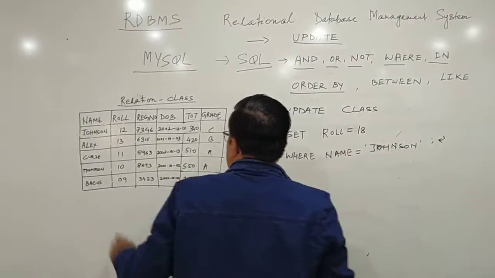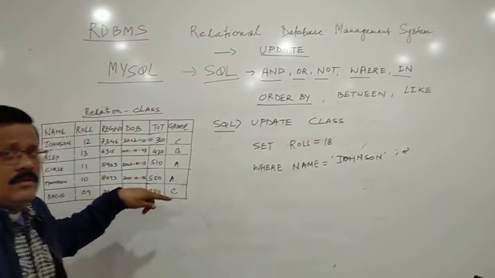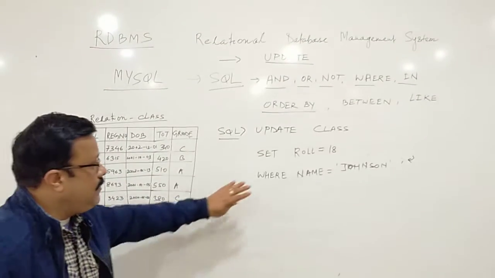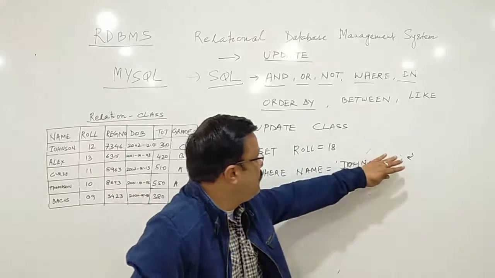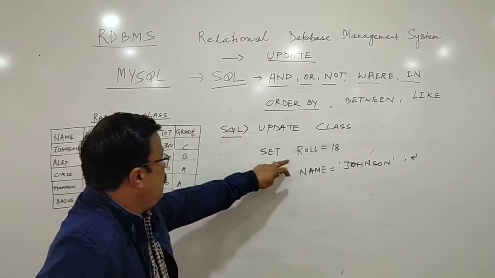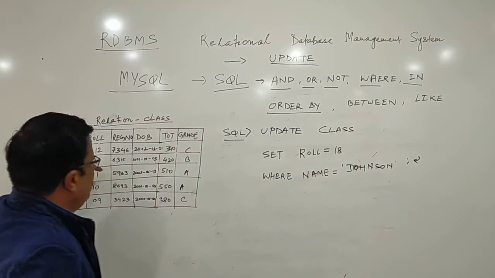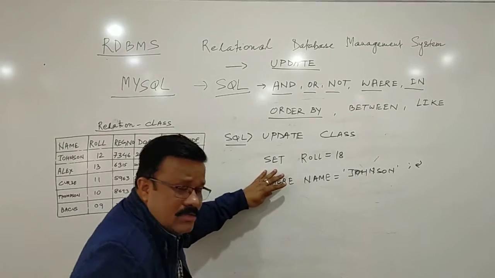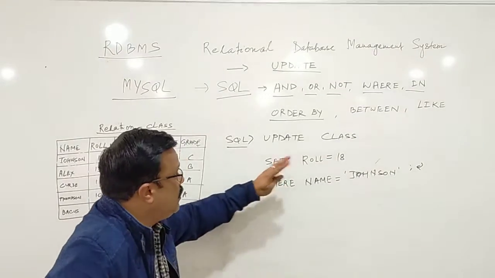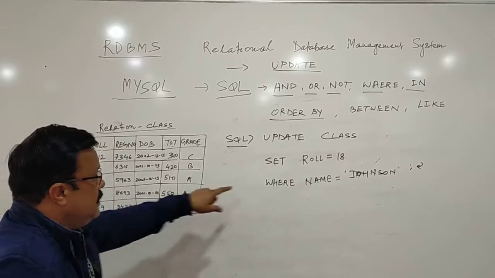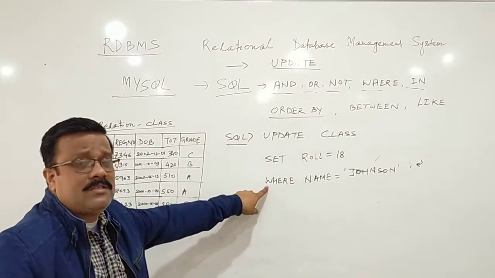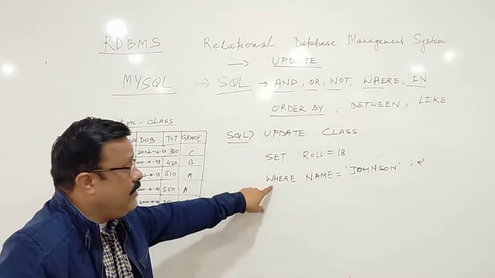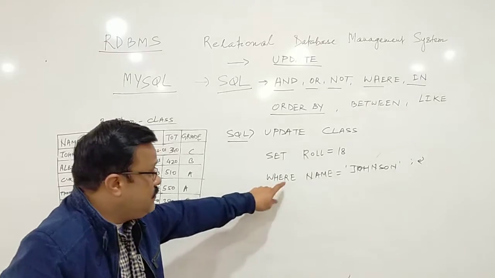In the same way we can edit any column, but we have to give the reference. Otherwise, what will happen if I don't give this where clause? If no where clause is there, what will happen? All the rows will have roll number 18. Here only one row is changed. So this works as a filter. We are giving a filter, meaning a condition, so that the record fulfills the condition.